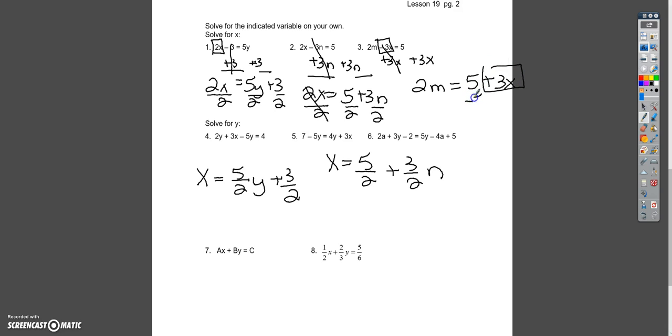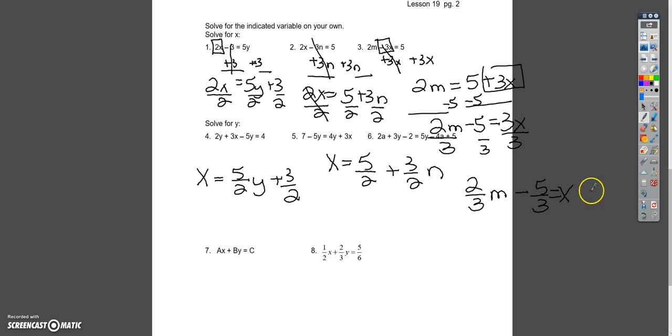So I'm going to minus 5 and minus 5. So 2m minus 5 equals 3x. Divide by 3. So I get 2/3m minus 5 over 3 equals x.